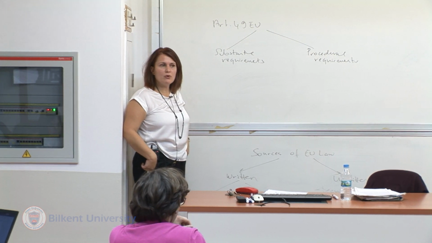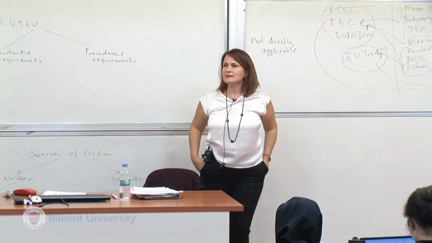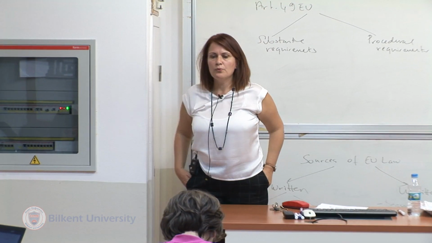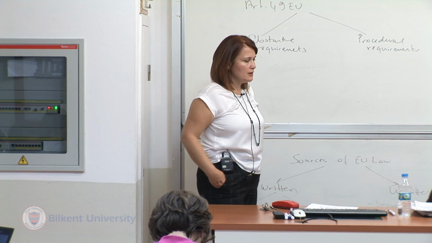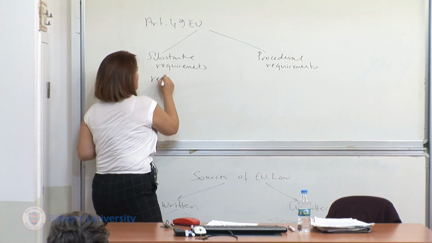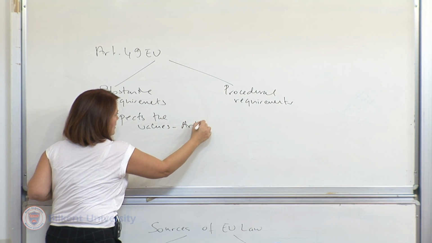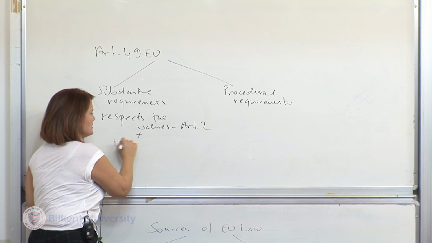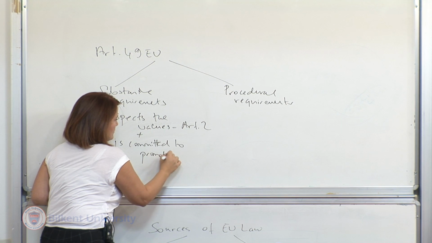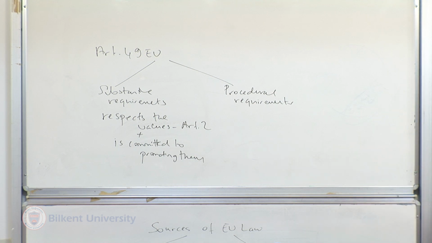As far as substantive requirements are concerned, the provisions say that any European state which respects the values as provided under Article 2 and which is committed to promoting them can apply to become a member of the European Union.